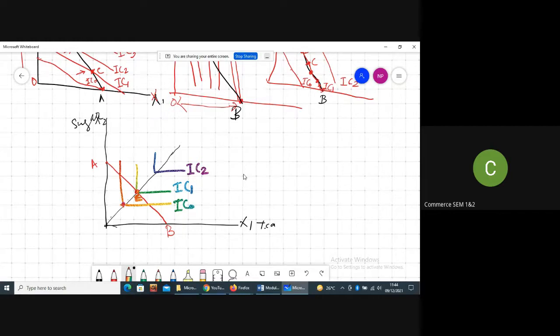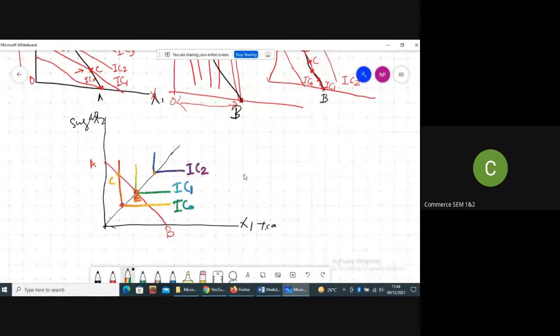Compared to point E, you cannot reach any point on IC2 because it is beyond your budget line AB. And compared to a point like C, you can move to a higher level of utility by moving from point C to point E.